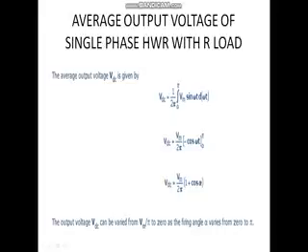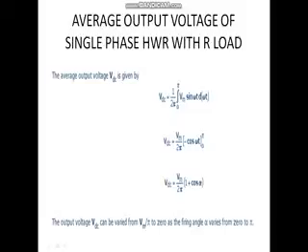The output voltage of this rectifier is VDC equal to 1 by 2 pi times the integral of Vm sin omega t d omega t, where the conduction interval is from alpha to pi.